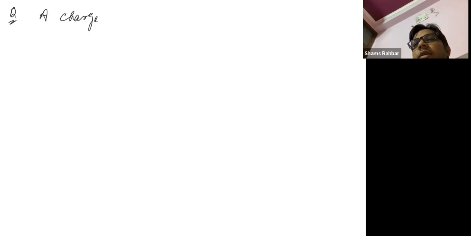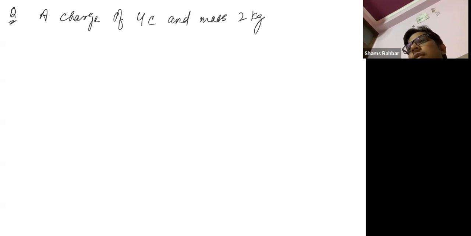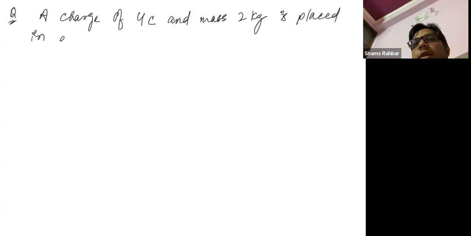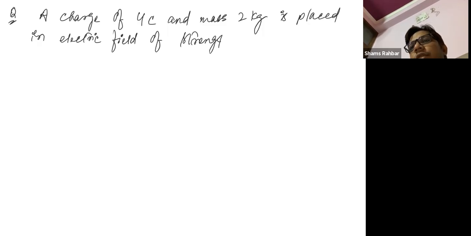A charge of 4 coulomb and let's say its mass 2 kilogram is placed in electric field of a strength 20 Newton per coulomb. The electric field is 20 Newton per coulomb. ठीक है?